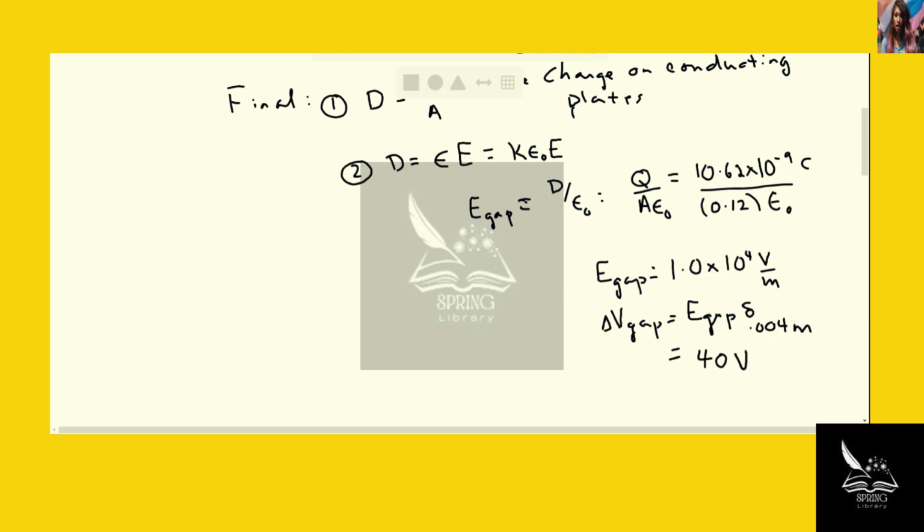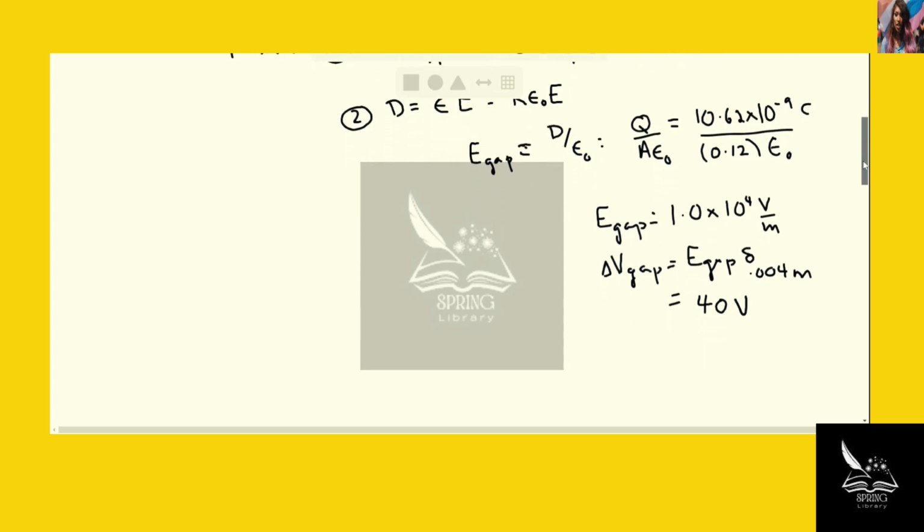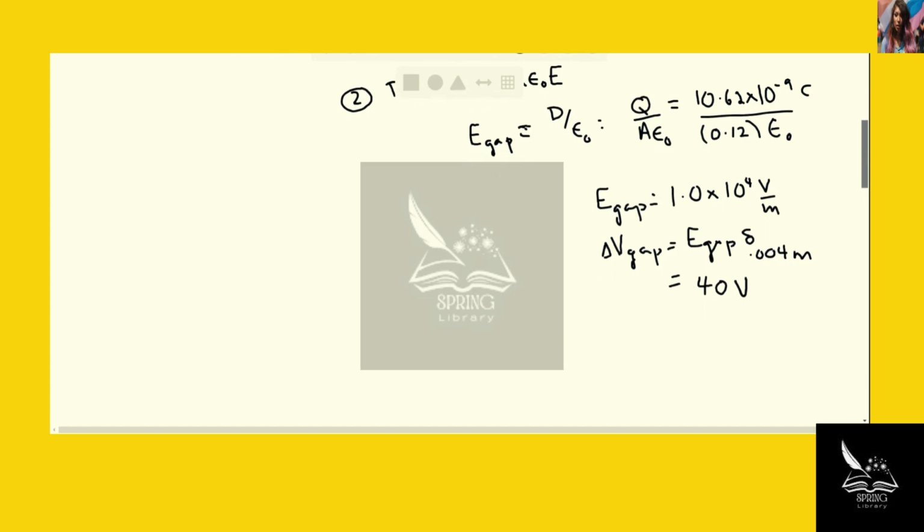We could have figured that out because it was 120 volts with all of the gap there, and with a third of it left, we get a third of 120.